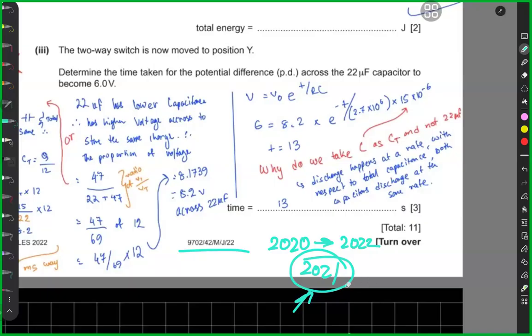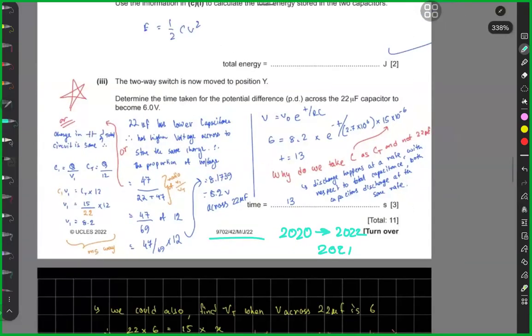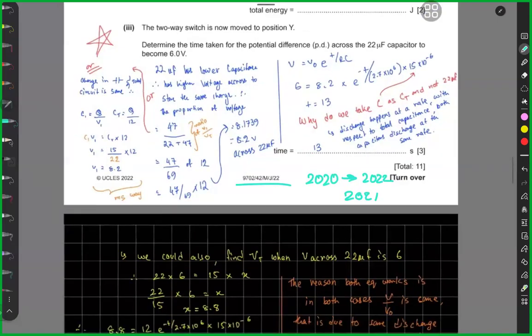We'll see later. But these 3 years, 2020, 2021, 2022, good papers, especially 2021. You should check these out. Definitely do these. And obviously the last 2 years, 24 and 25 if you have access to the Feb March paper.